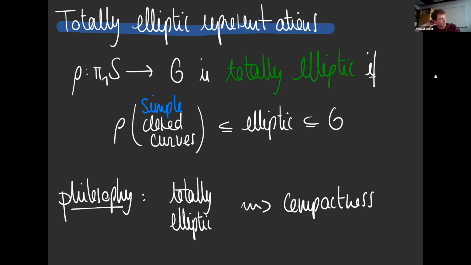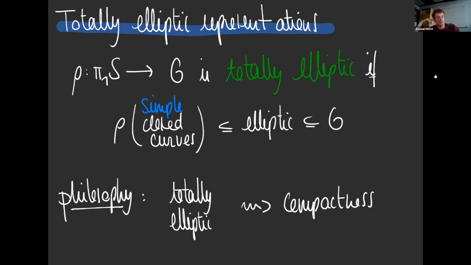So maybe one way to think about it is that once we are given such a representation of a surface group into G, if G is PSL2R, you want to think about a hyperbolic structure you put on the surface, and your representation as being the holonomy of this hyperbolic structure, which is connected to the notion of Teichmüller space.